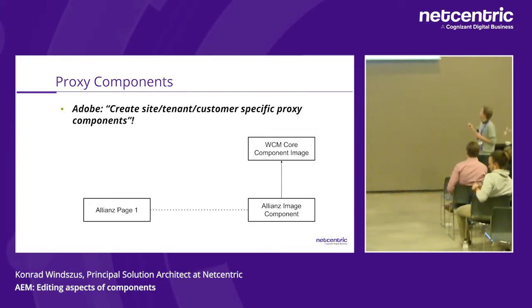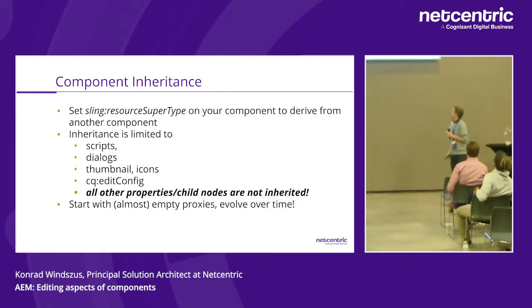How do we do that? We use a proxy component in the first place, even if there is not really a demand to derive from a functionality perspective from the core component. But it can happen anytime in the future, right? So be prepared for that. This happens, really.